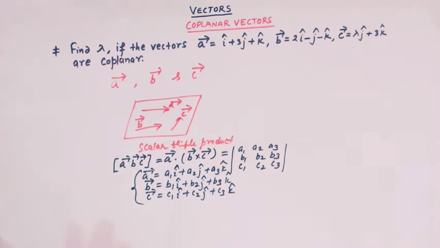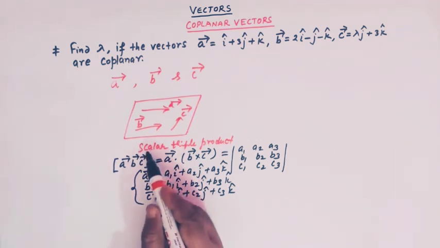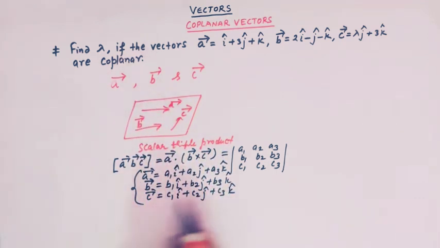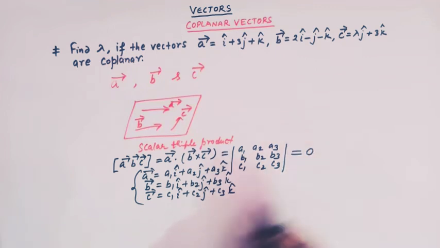Now we have to see how we can define the coplanar vectors a, b, c in terms of scalar triple product. So three vectors a, b and c are said to be coplanar if the scalar triple product of vectors a, b and c is equal to 0, right?